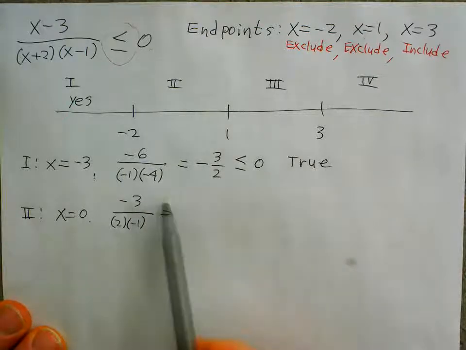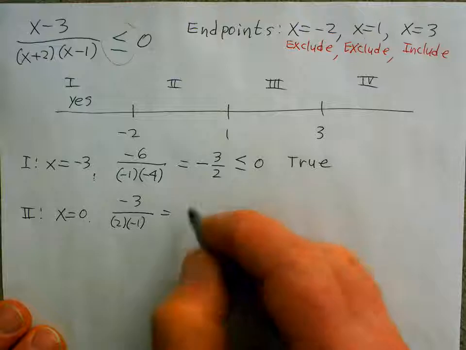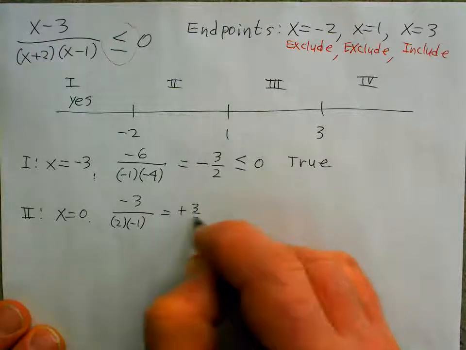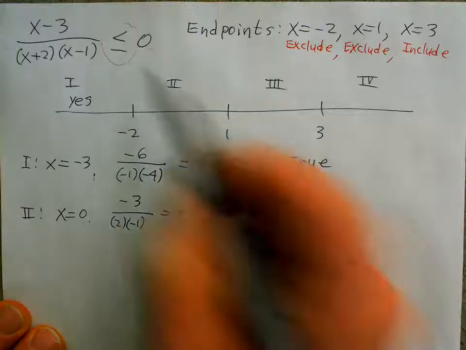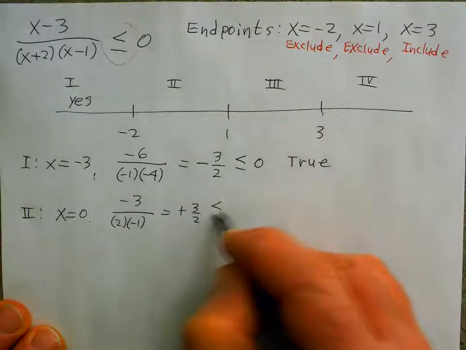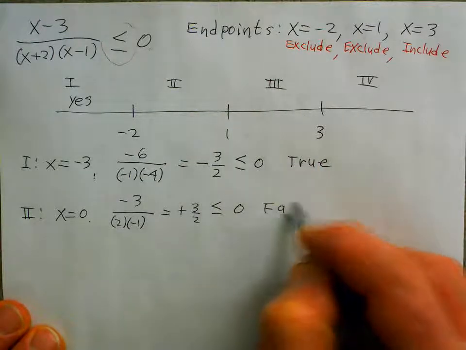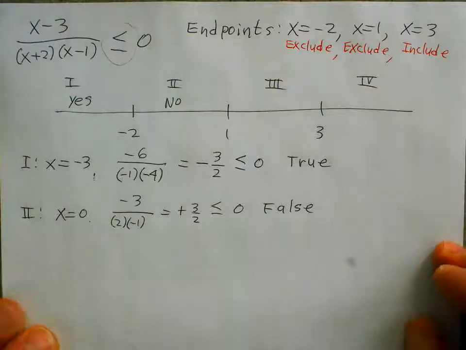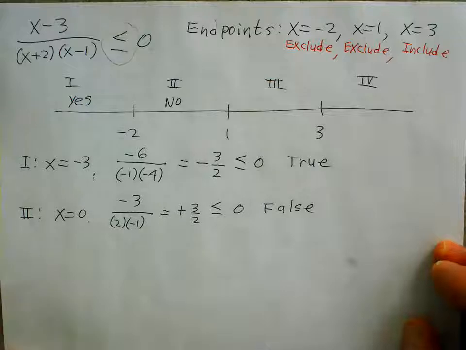So -3 divided by 2 times -1 is +3/2. And the inequality is less than or equal to 0. This time we get a false result. So none of the numbers between -2 and 1 are solutions.